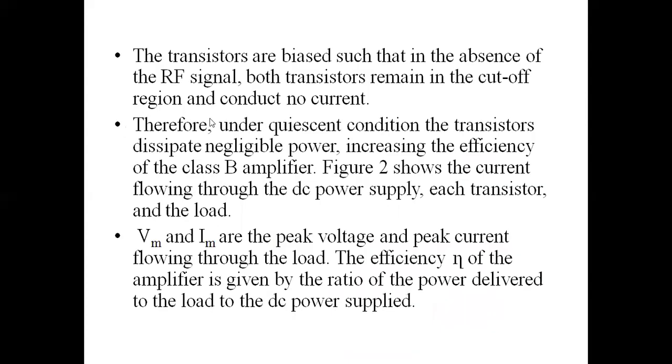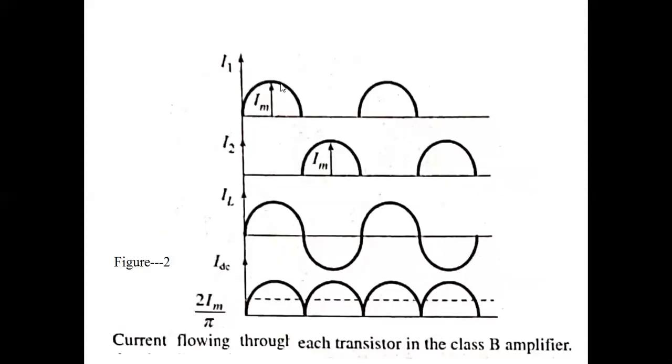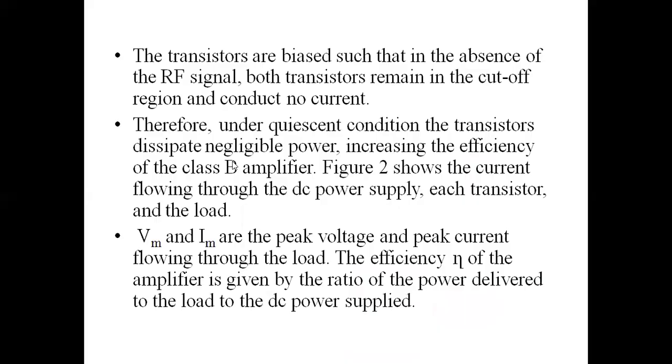Here VM and IM are the maximum or peak voltage and peak current flowing through the load.